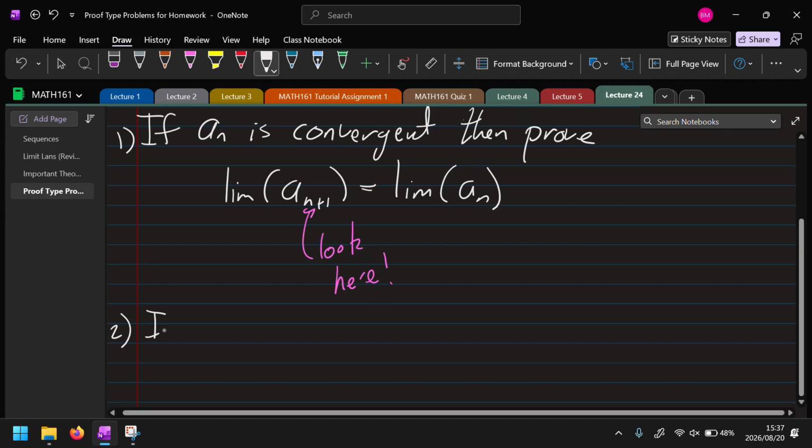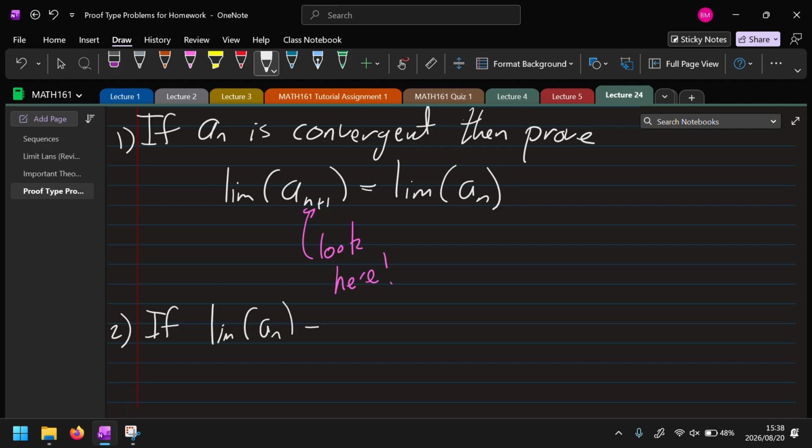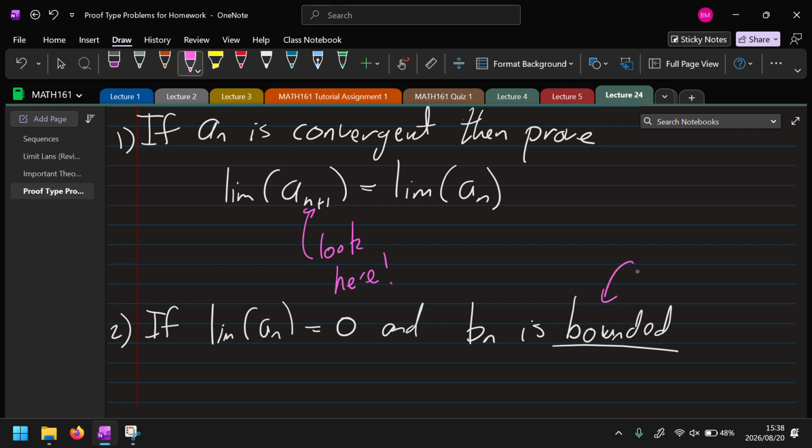Number 2, if the limit of a_n is 0 and b_n is bounded, and here bounded, not convergent, bounded. Okay, it's important.